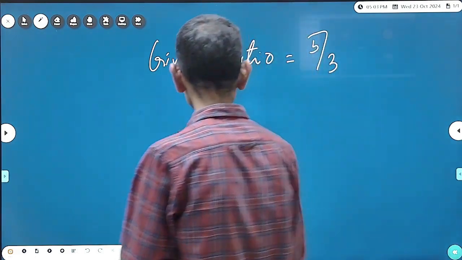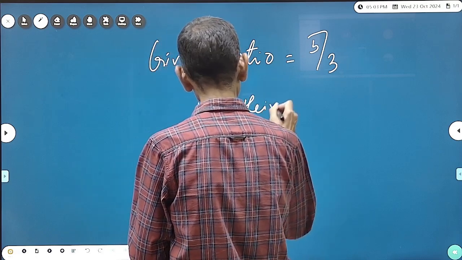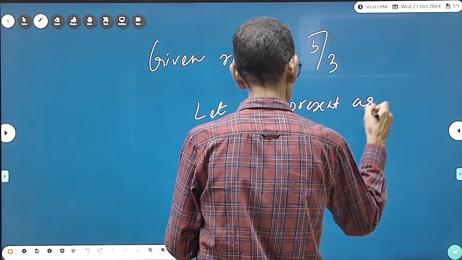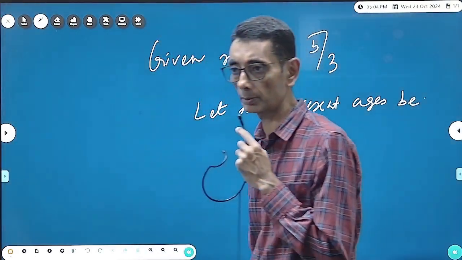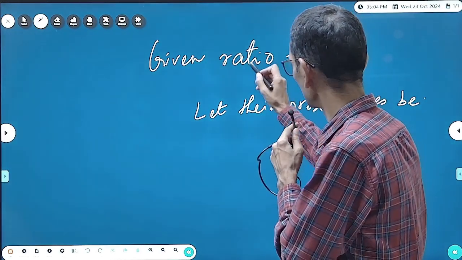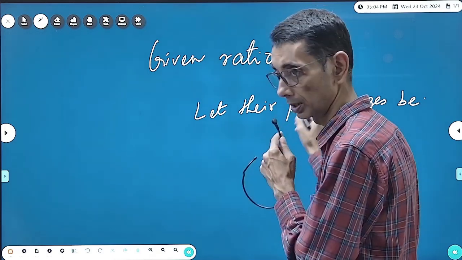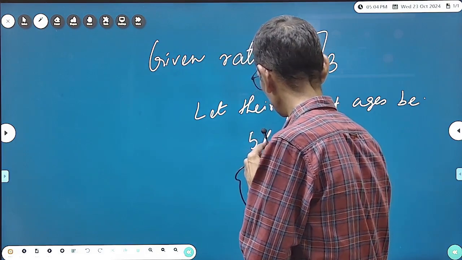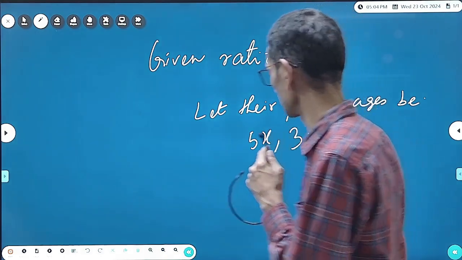Let their present ages be... How will you assume the present ages? Their present age ratio is 5/3. So present ages will be assumed as 5x and 3x. Multiply x with 5 and x with 3.